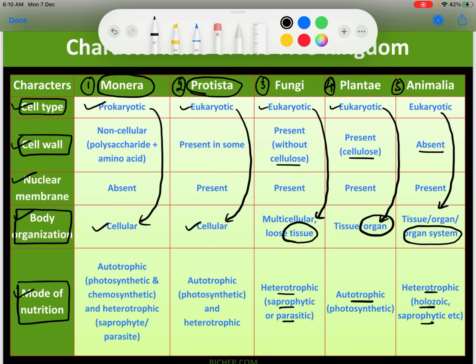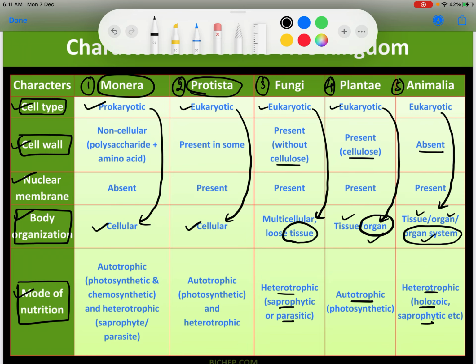It does not mean animals do not show tissue level organization. There are few animals which are showing tissue level organization, there are few animals which are having organ level organization, or the majority of them are organ system level organisms. Even in plants, some are having tissue level organization and most of them are having organ level of organization.